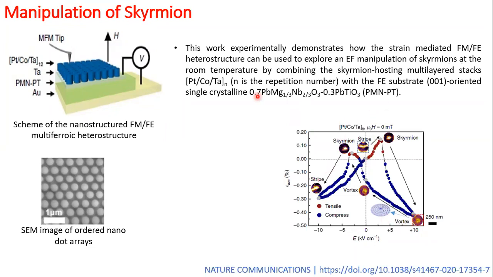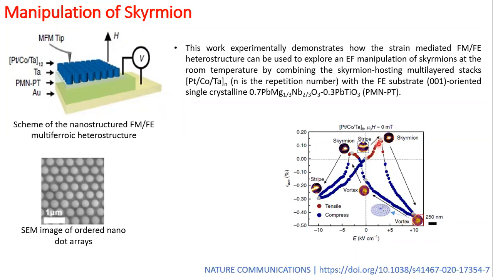Now you see this graph. When platinum, cobalt, tantalum is made, this type of thin film is made. Initially, we will have a striped domain. Now, when we apply an electric pulse of nearly 4 kilovolt of 1 millisecond width, the stripe texture will go to skyrmionic texture by the strain.